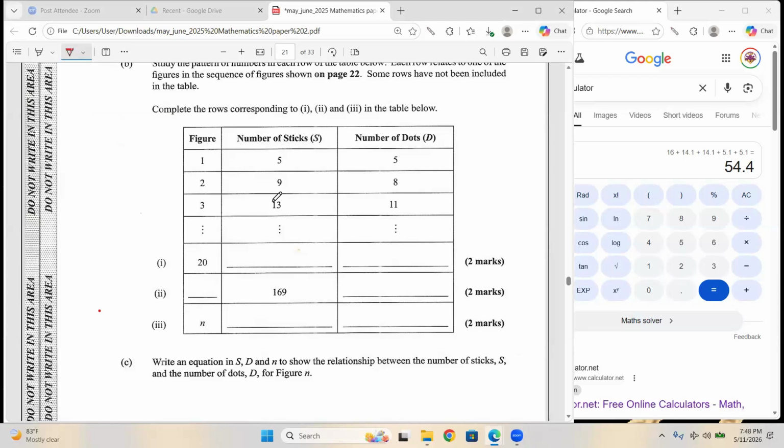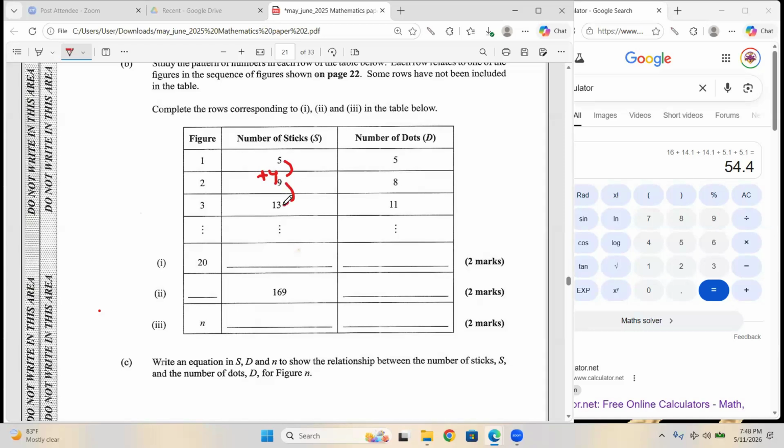What we need to do here is figure out the formula. If we look at this, the numbers increased by 4 between figure 1 and 2.